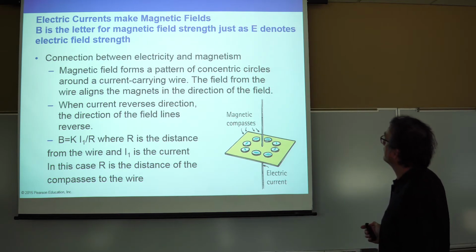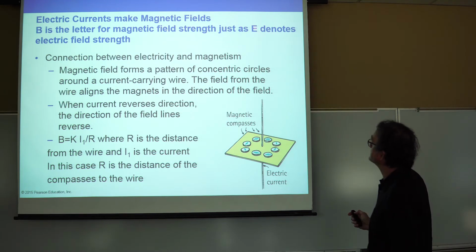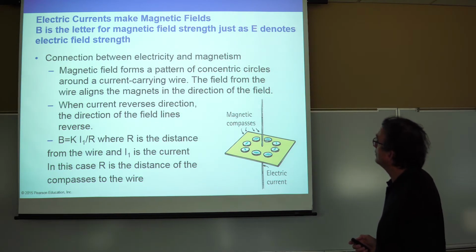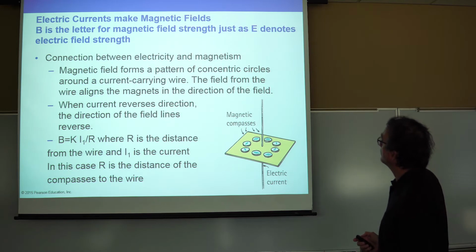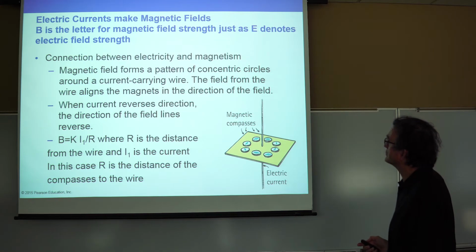You recall that the electric field strength was related to the force by multiplying the electric field by the charge experiencing it. Similarly, a magnetic field will be related to a force on a moving charge, and that's what we'll find in just a short while.